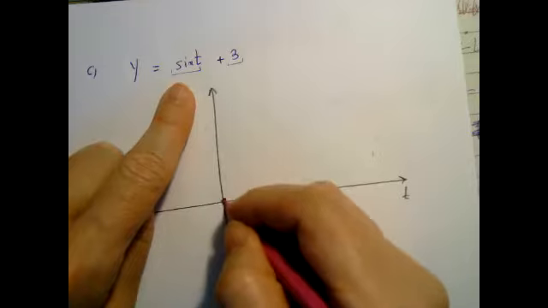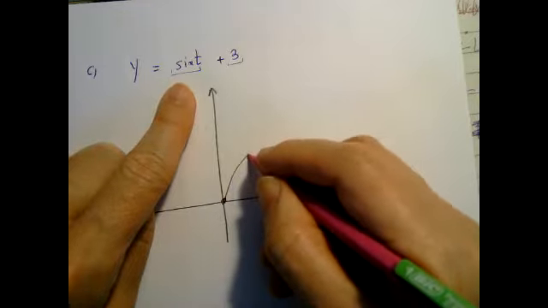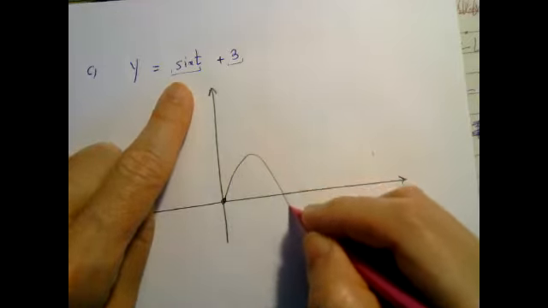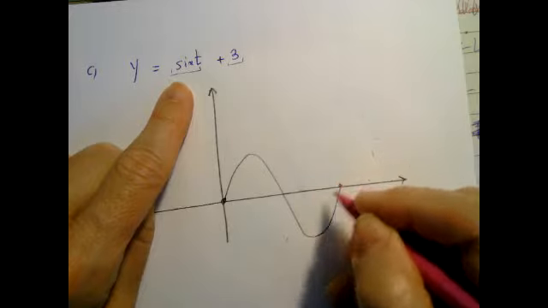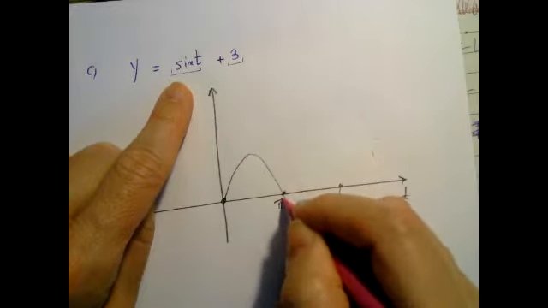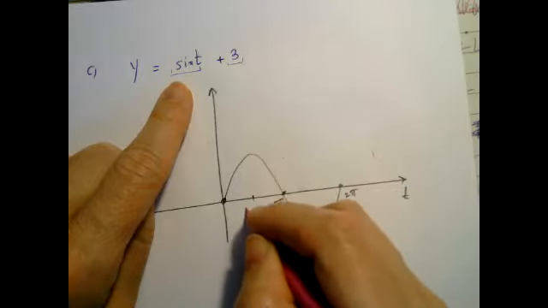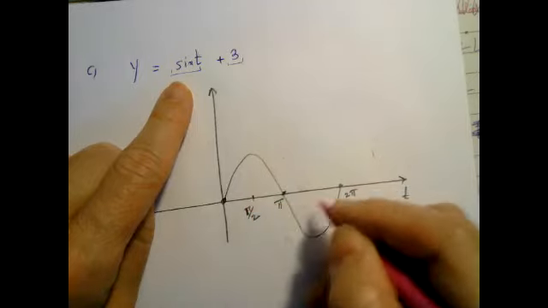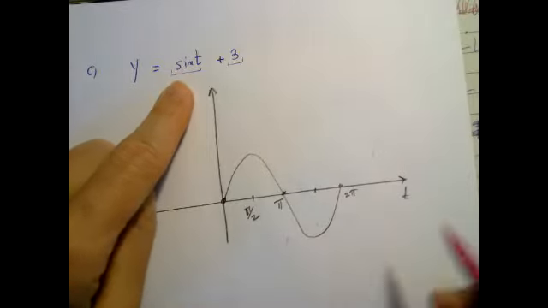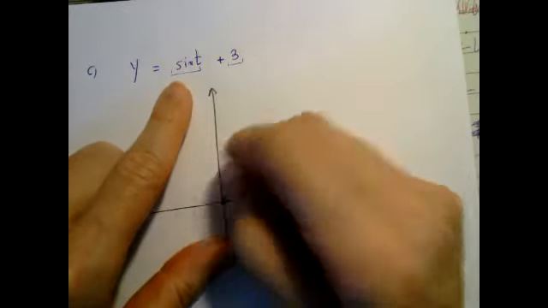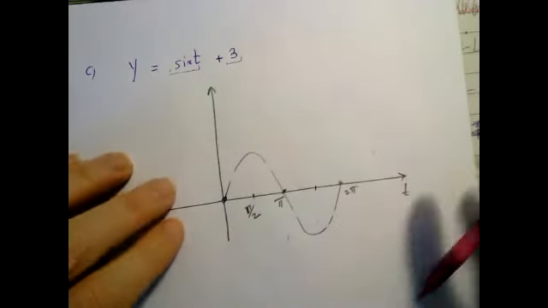The sine starts here. Go up, down, up, down. This is pi, 2 pi. This is pi over 2 and 3 pi over 2. So I'm going to call this one the sine function.